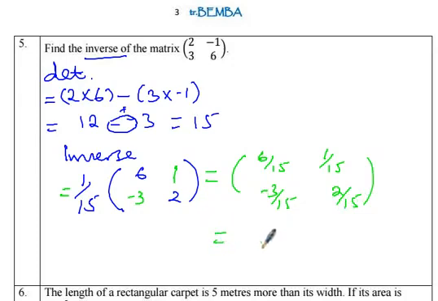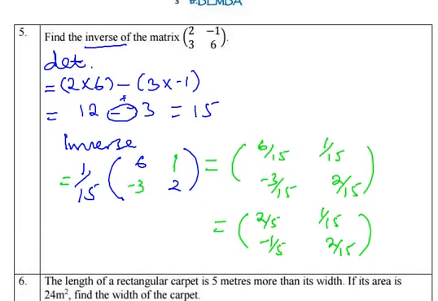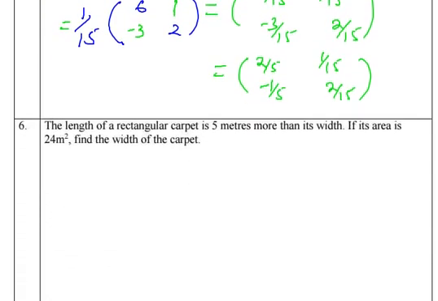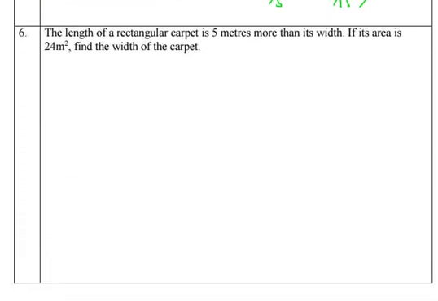But we can continue and simplify a bit, where we're going to write this as 2 out of 5, then minus 1 out of 5, 1 out of 15, and 2 out of 15. So that can become our simplified answer. Okay, nice. Let's move to question 6.